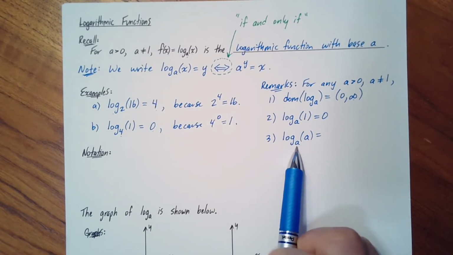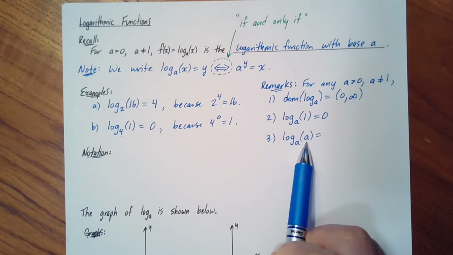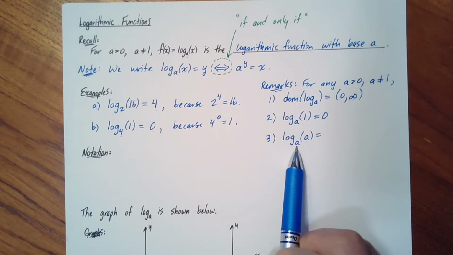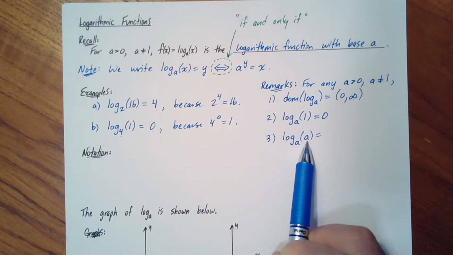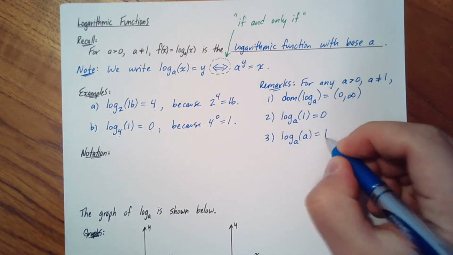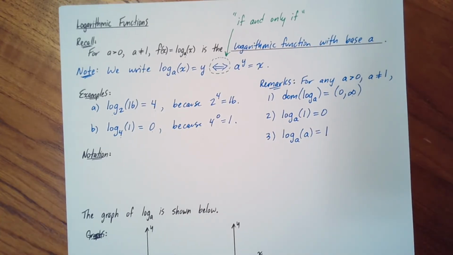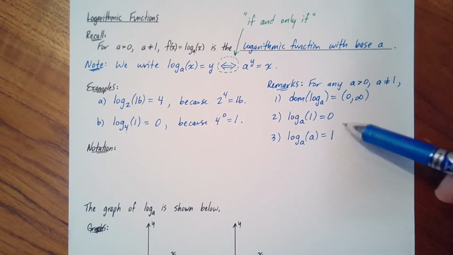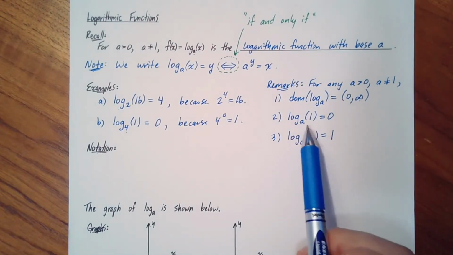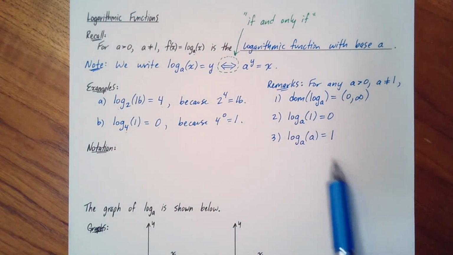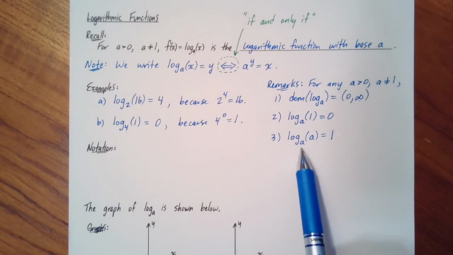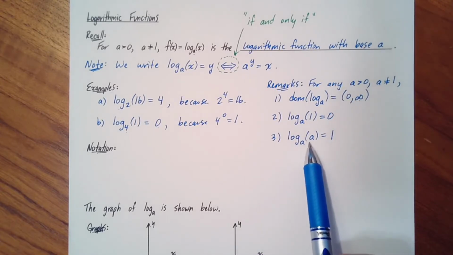What power do I have to raise this number to in order to get this number back as a result? And of course, if I take a to the power of 1, I'm going to get a back. So the answer is, in this case, 1. So that actually works no matter what the base a is. So if you plug 1 into any log, the result is always 0. If you plug the base of any log into itself, the result is always 1.